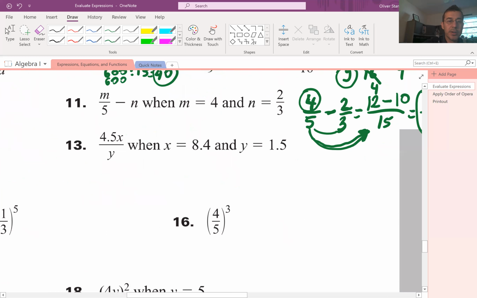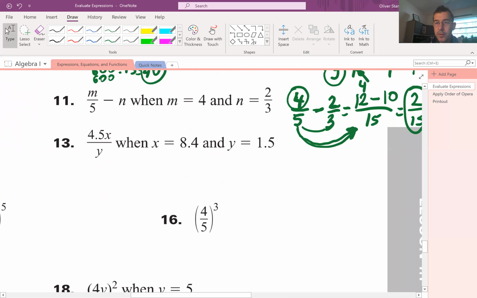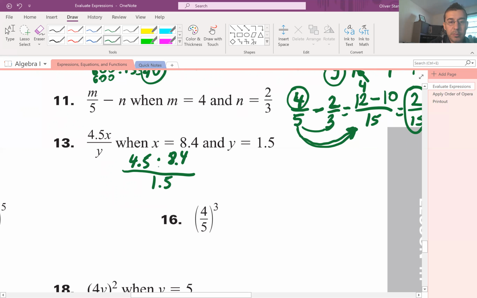All right, 13. 4.5x over y when x equals 8.4 and y equals 1.5. So substitution: 4.5 times x, when x is 8.4, over y, and y is 1.5. Now, immediately you can see 4.5 and 1.5.